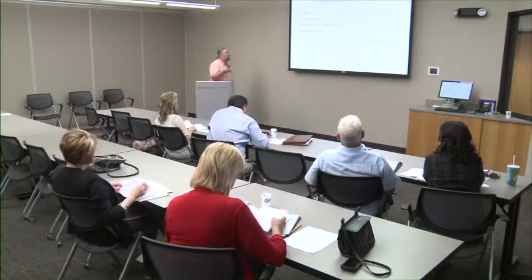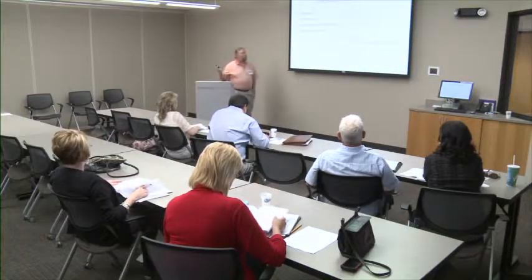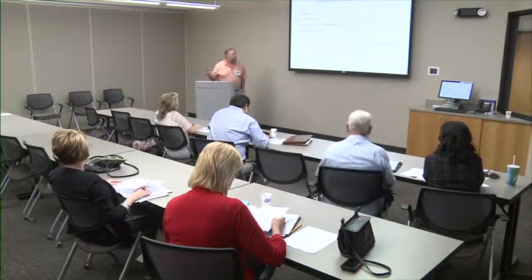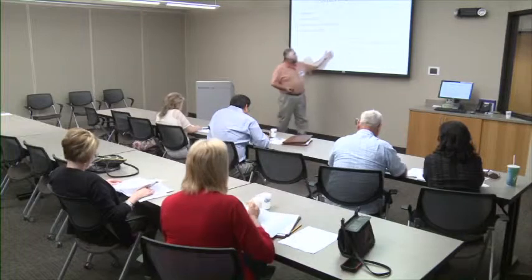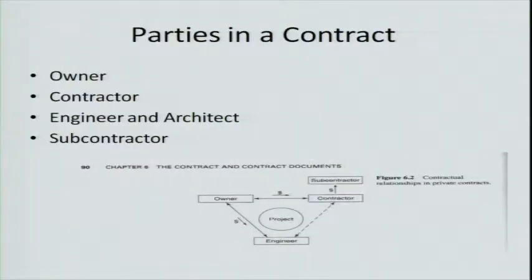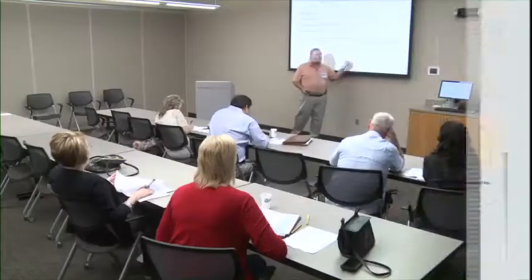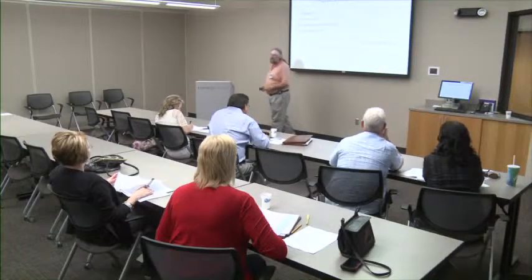Essentially, parties in a contract are owner, contractor, engineer, architect, and subcontractor. Okay? They go together in some sort of combination where the owner pays the contractor, pays the engineer. Here's our beautiful project. And the contractor may pay subcontractors. If we're really, really lucky, the contractor actually gets to talk to the engineer.